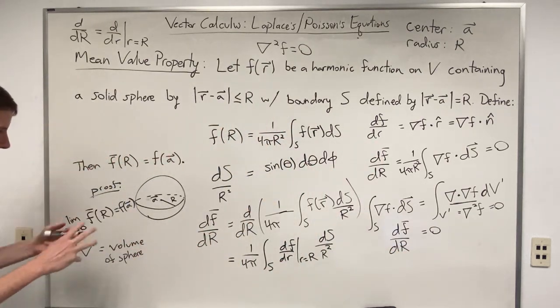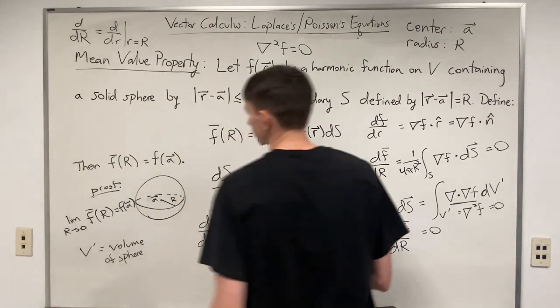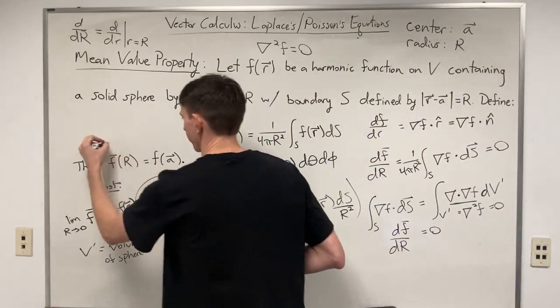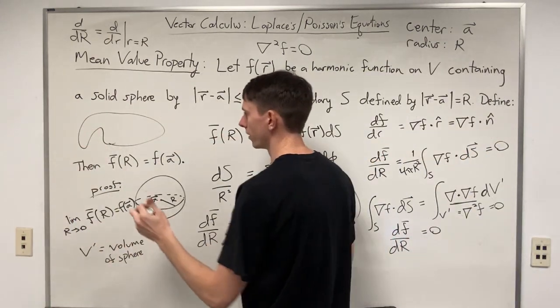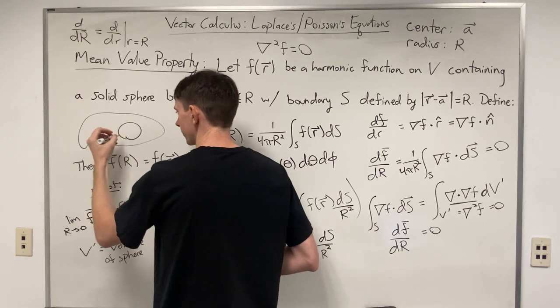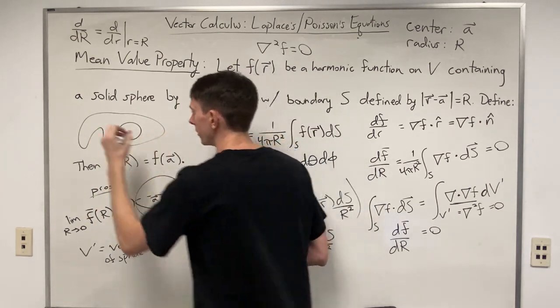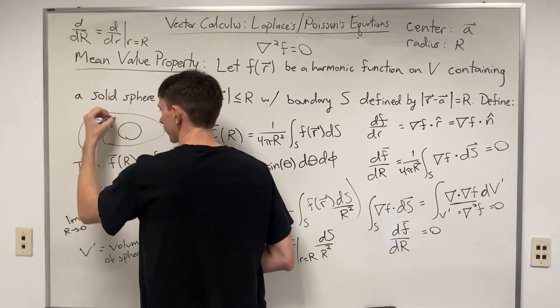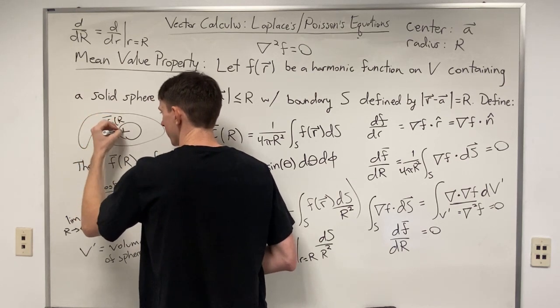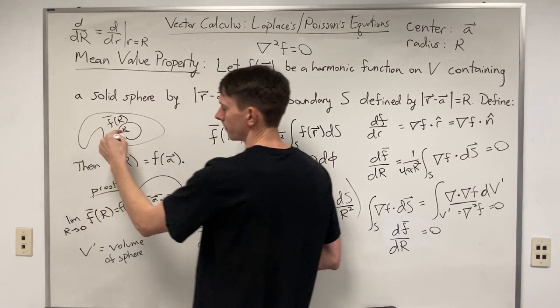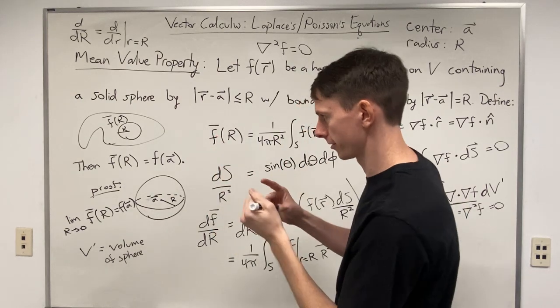So what that tells us is, let's try to draw the overall picture here. This is our generalized volume. If we had a sphere of radius r, the average value of f at this radius right here would have some value, right?